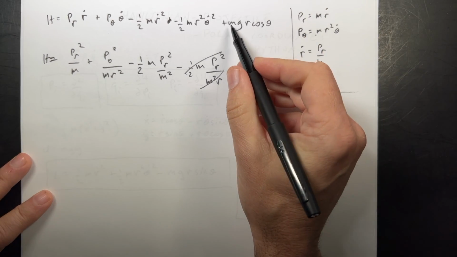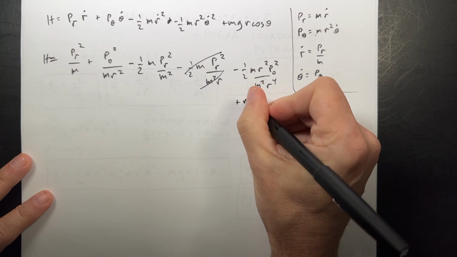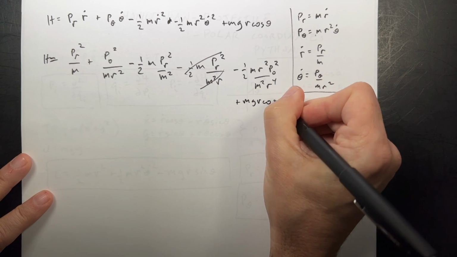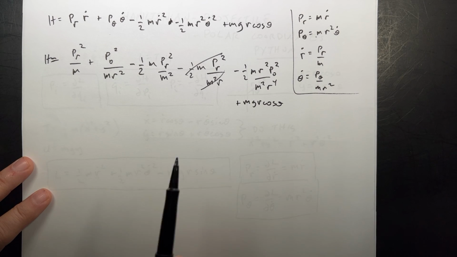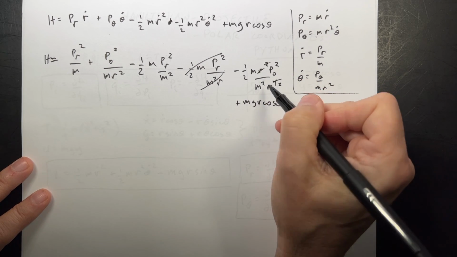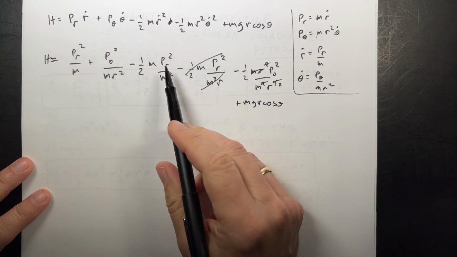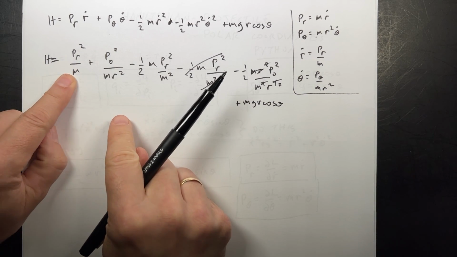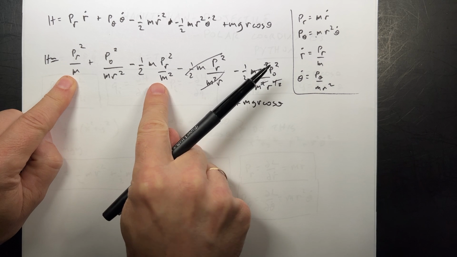And then I still have this other term over here, plus m g r cosine theta. Poor planning on my part. So these cancel with the 2. I get p r squared over m minus p r squared over 2m.